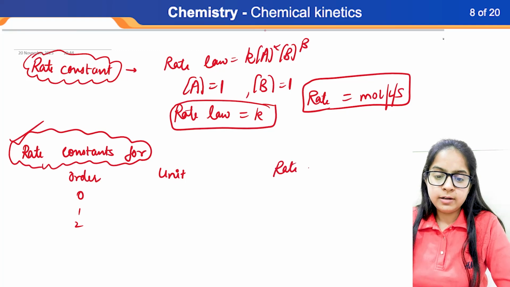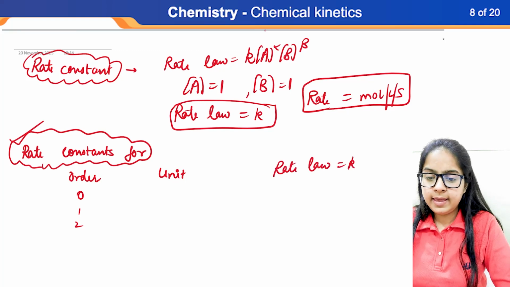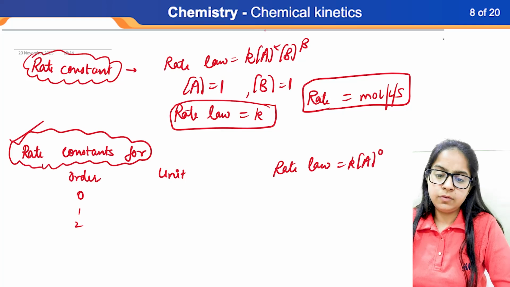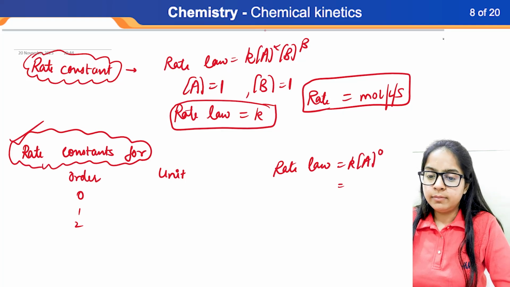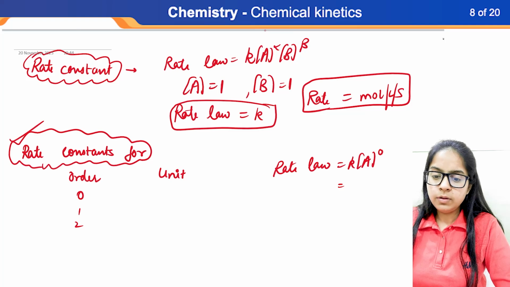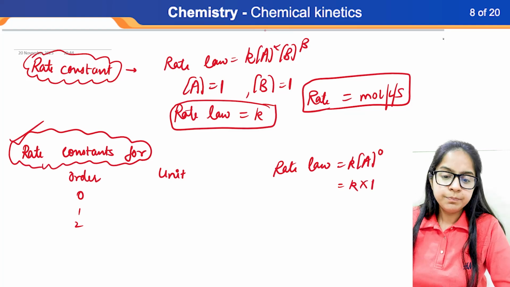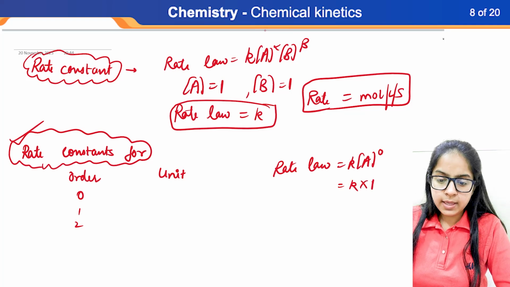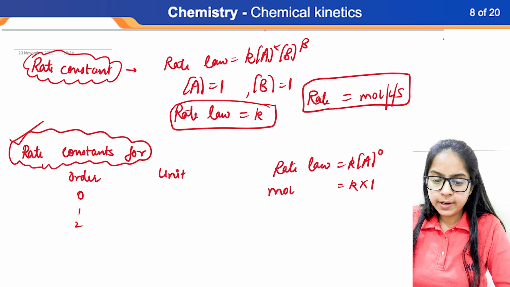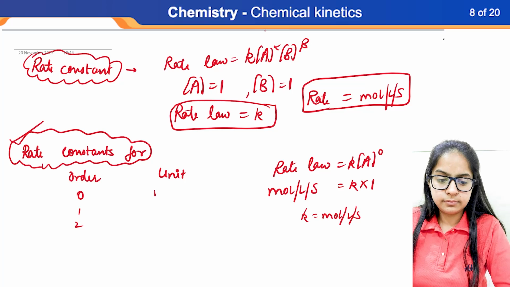Suppose we have a rate law like k[A] to the power 0. A to the power 0 means 1. Anything which has a power 0, its value is 1. Okay. The rate law unit is mole per liter per second. So k is mole per liter per second.